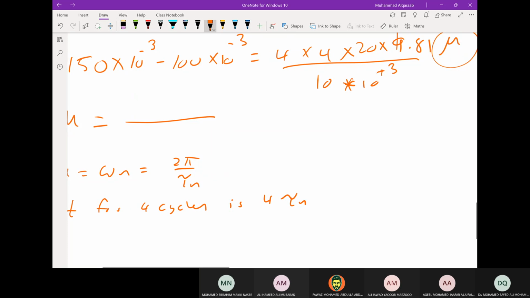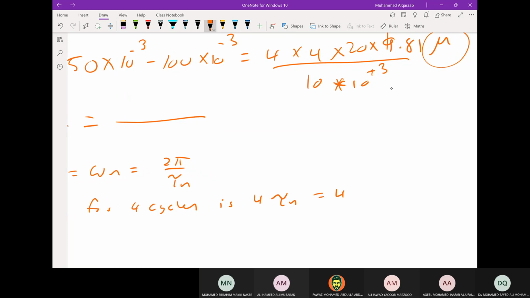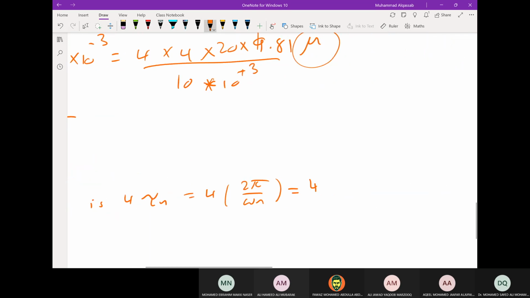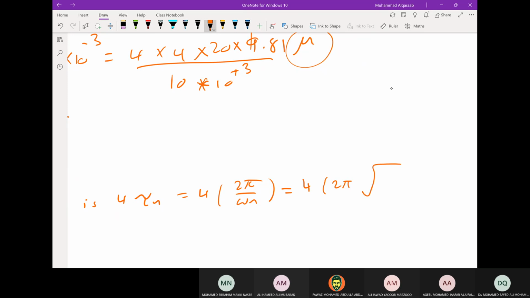Okay, tau n is equal to 2 pi over omega n, equal to 4 times 2 pi square root of m over k. That's it. And you can substitute here.